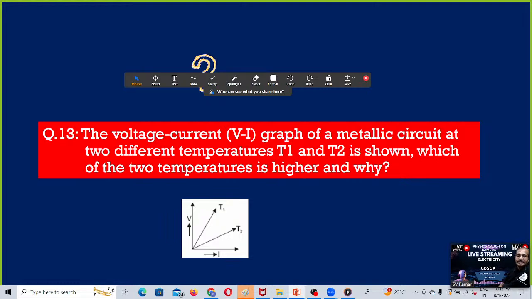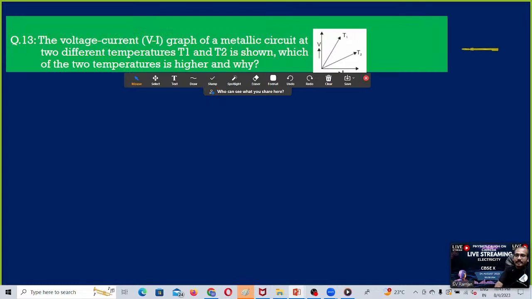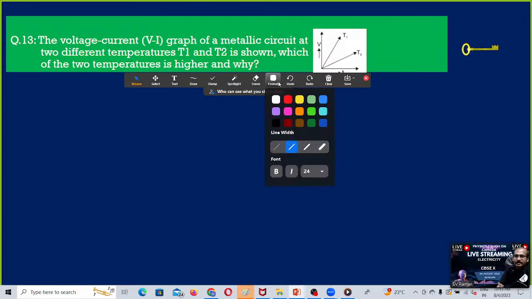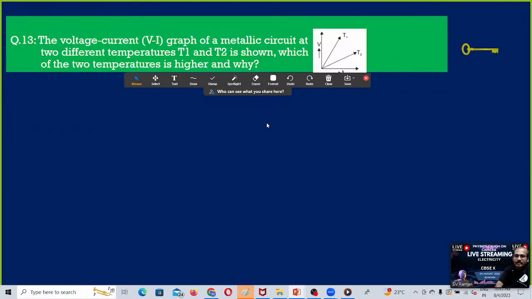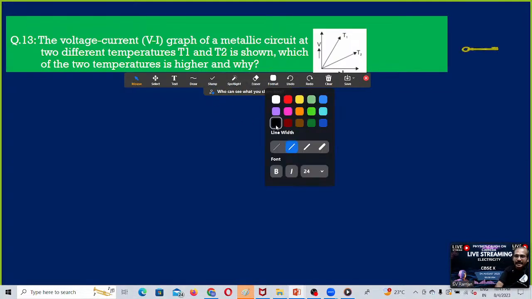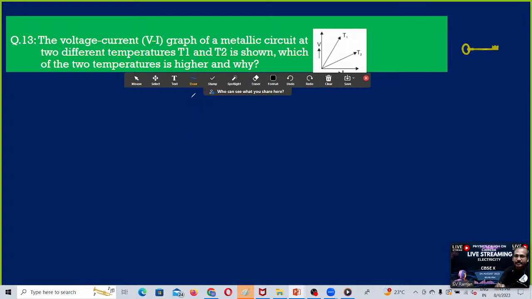So you can see that T1 and T2 here, let's say, I can choose black color. On the graph, T1 has more potential. This is I, current.